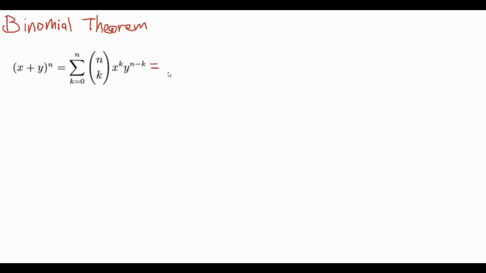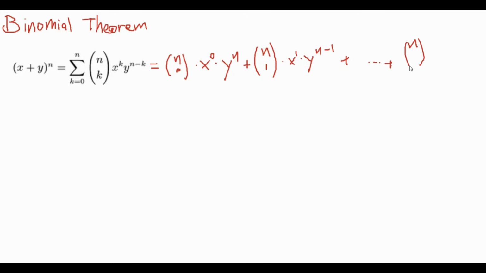When k equals 0, the expression is just n choose 0 times x^0 times y^n, and then when k equals 1, it's n choose 1 times x^1 times y^(n-1), and this continues on to n choose n times x^n times y^0.